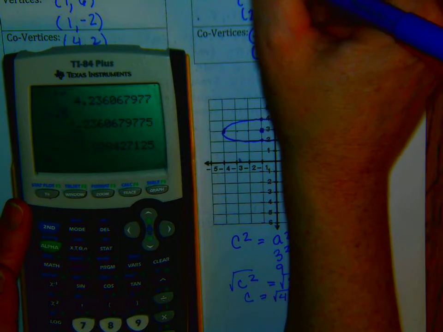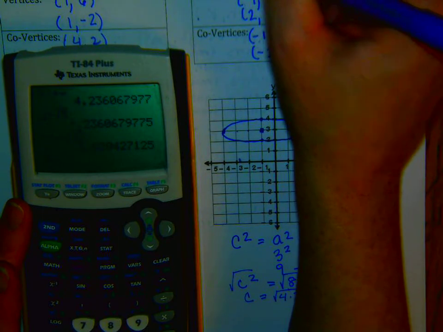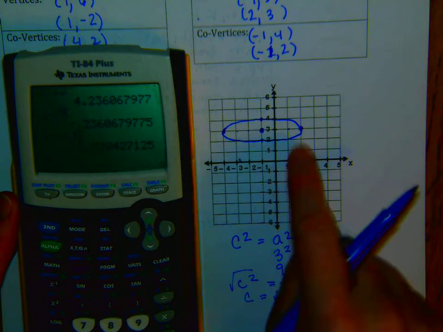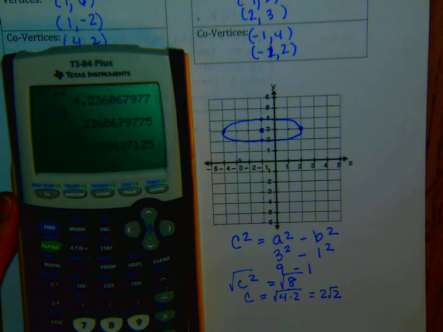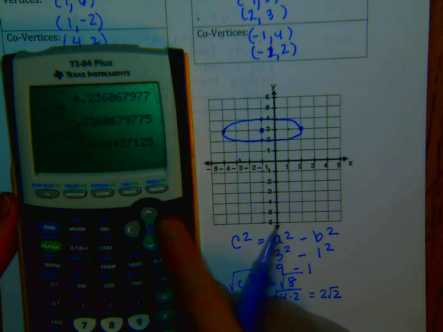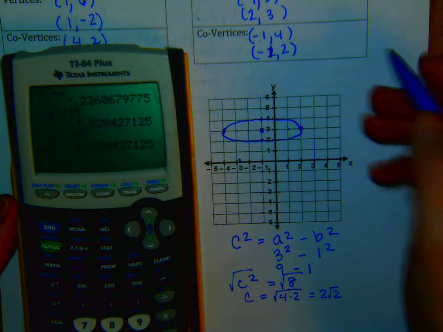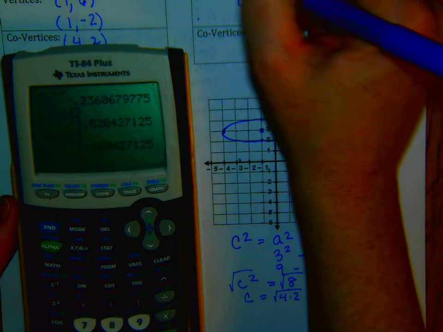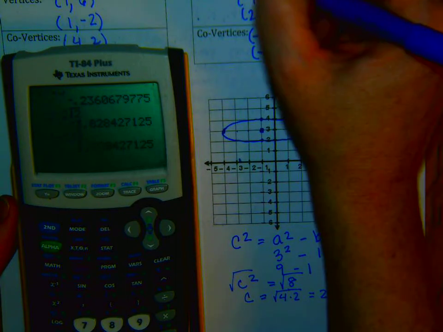And then I have negative 1 plus 2 radical 2, and I get 1.8. So I'm going to be at 1.8 and then up at 3. That's where the foci are.